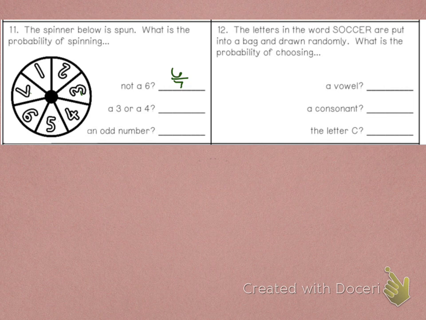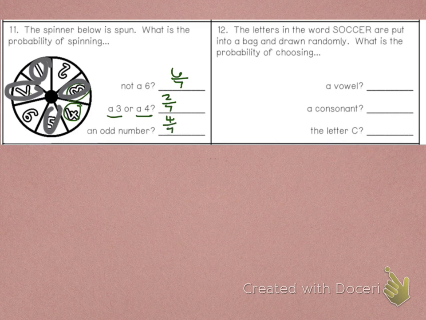What about a 3 or a 4? 1, 2. So that would be a 2 out of 7. And then an odd number: 1, 3, 5, 7. That would be a 4 out of 7.